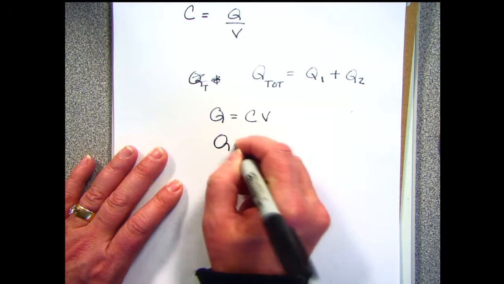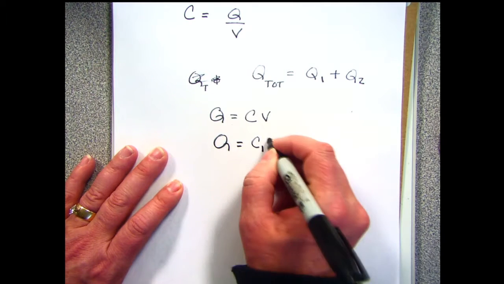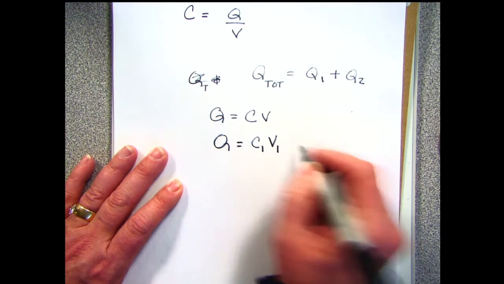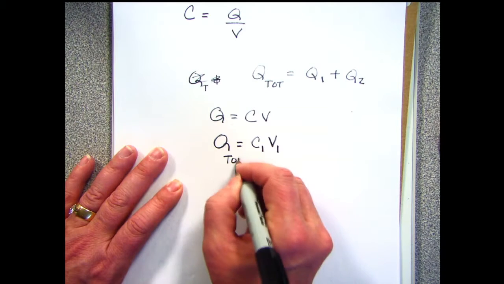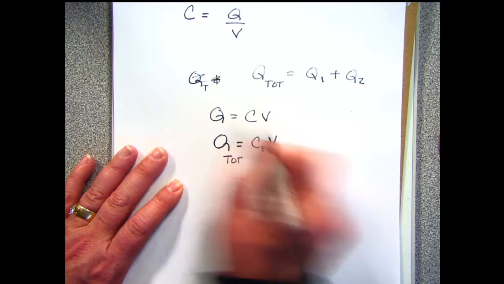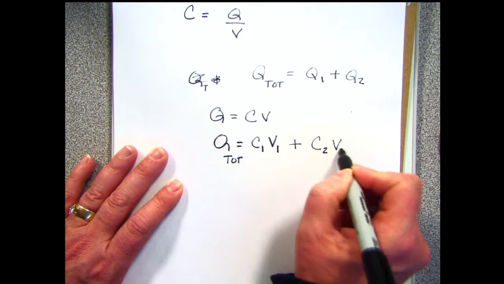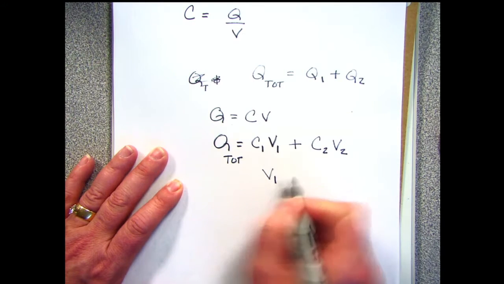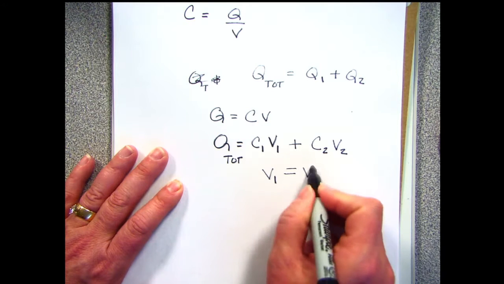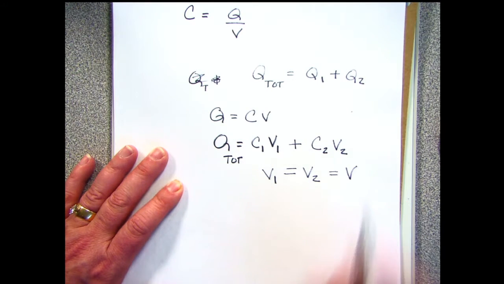plus, because I could substitute that, Q2 is capacitance on 2 times voltage on 2. But we said the voltage on 1 is equal to the voltage on 2, which is equal to just a voltage. This can equal Q, or C total times voltage.